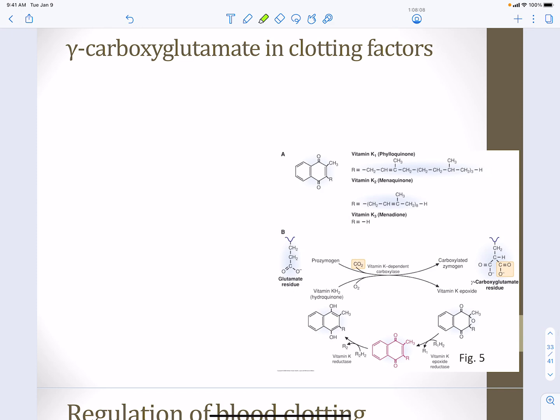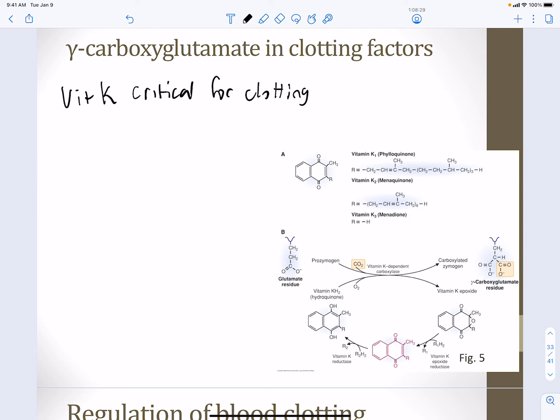Now, one important thing is vitamin K. We haven't talked about vitamin K, but it's critical for clotting because a lot of the clotting factors are required to be modified in your liver by gamma carboxyglutamate.